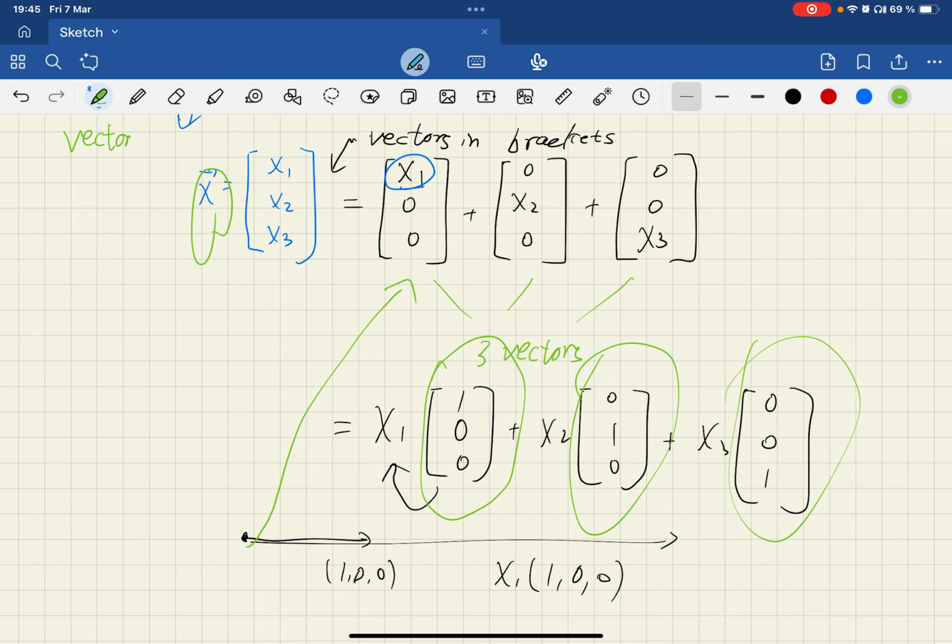Note that the choice of x1, x2, x3 is really arbitrary, which means we can express any vector in R3 with this method.